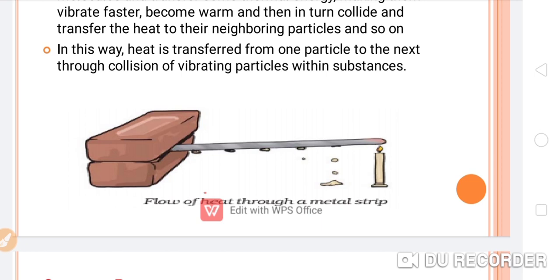The heat transfer starts from one end of the strip to the other, and during this process the wax starts melting one by one from its position. Why? Due to the conduction of heat. From this activity we can understand how conduction of heat takes place inside solids.